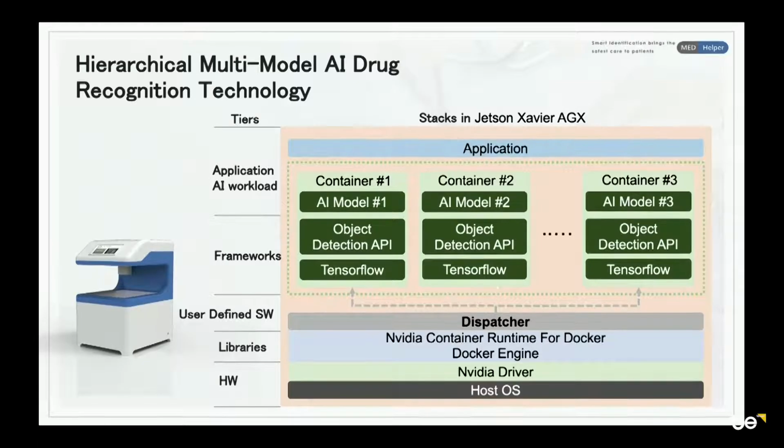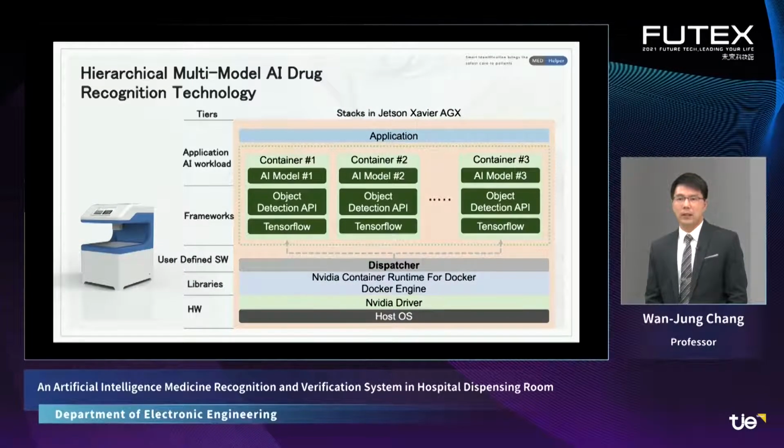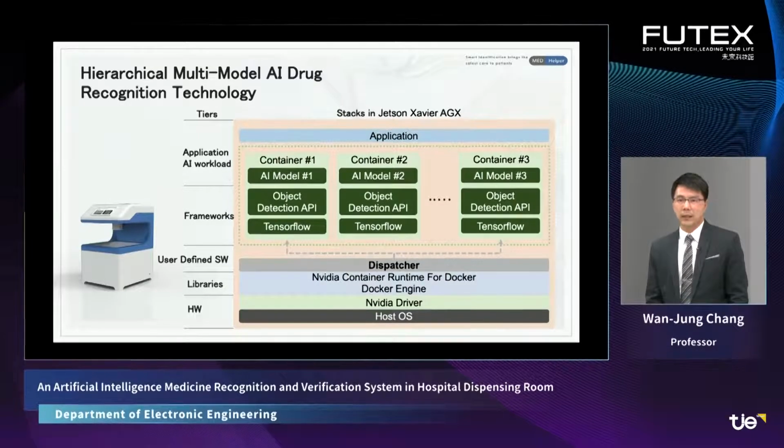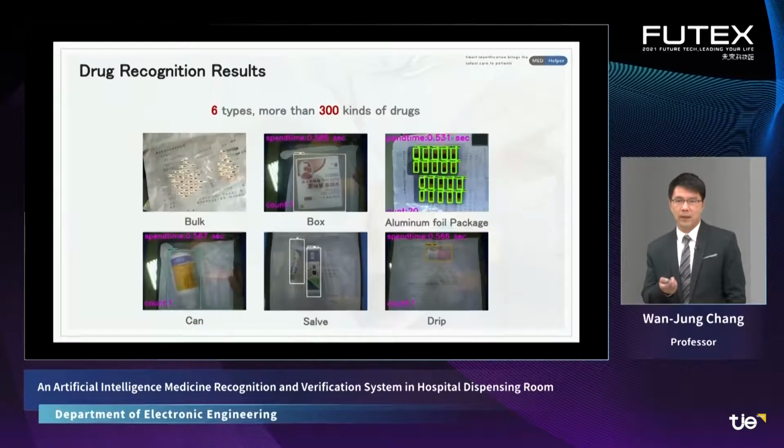To achieve this, the AI drug recognition device uses our proposed hierarchical multi-model AI drug recognition technology, which consists of multiple AI models, and each AI model is used to recognize the drugs within the same group. We implement a software layer called Dispatcher to dispatch the drug image to its dedicated container for further recognition purposes.